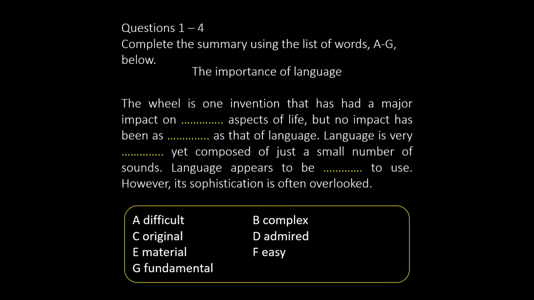Here it says complete the summary using the list of words A to G. If my first answer is material, I cannot provide this as the answer. I have to read the instruction to see whether they're asking for options or words. They are asking for options, so we should only write E. You understand what I mean by instructions? You should know what is expected in the answer, from the options or the words.